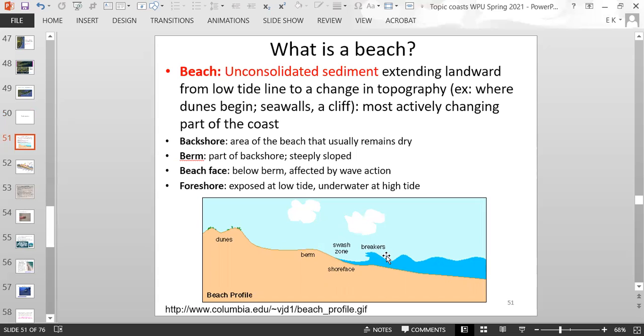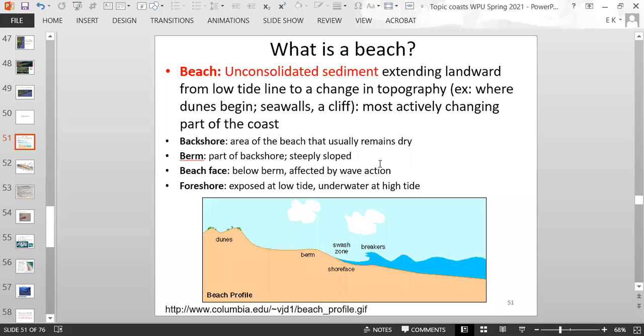Okay, so you have your low tide line approximately over here. And then you have a change in topography. So here are sand dunes, but in some locations, this might be a rocky cliff or a cliff made of clay or something unconsolidated. Okay, but generally this is your beach.